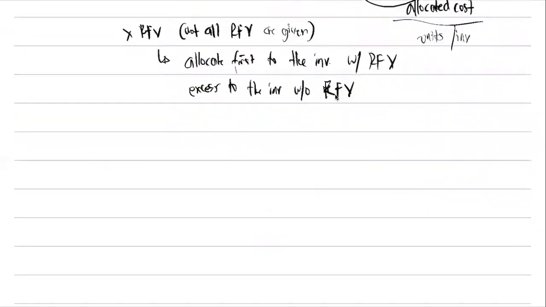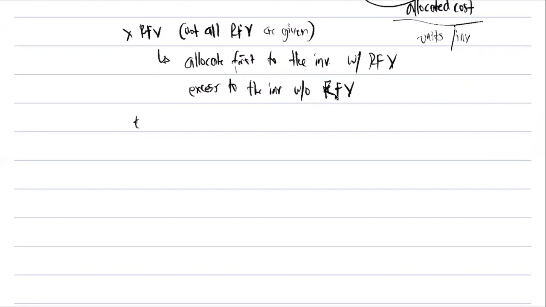Okay? So if not all inventories are given as to the relative fair value, what do we do? We allocate first the inventory with relative fair value and any excess to the inventory without relative fair value.